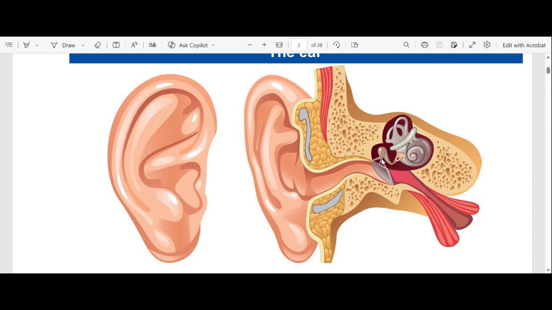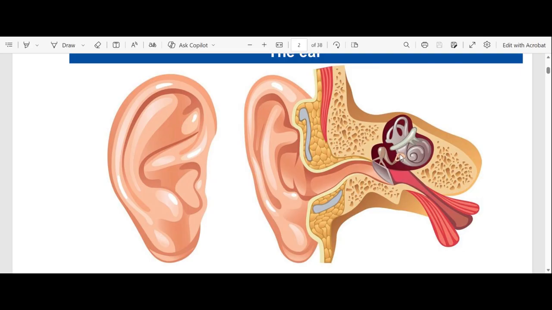The first bone in our middle ear is our hammer, then anvil, and stirrup, and they're connected. Our stirrup is connected to our oval window. So the hammer, anvil, and stirrup form part of the middle ear.